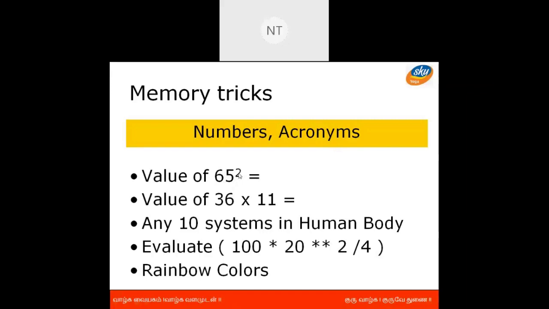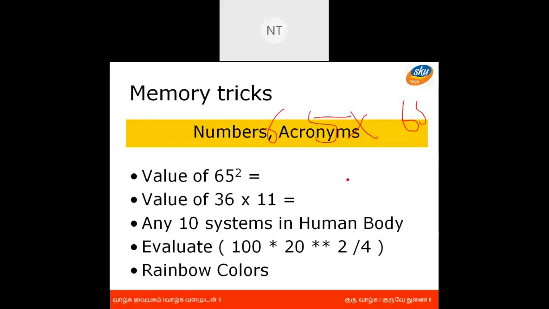Normally we take 65 into 65 and do the normal multiplication. But within 5 seconds, I'm going to give you a very easy way to find the value.